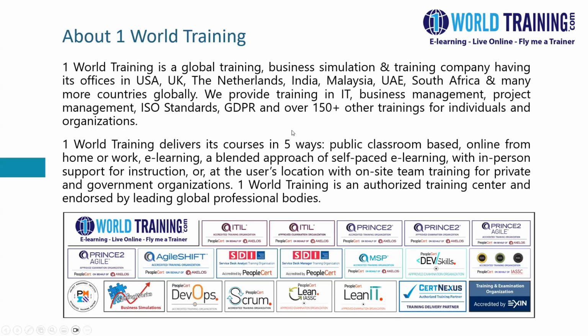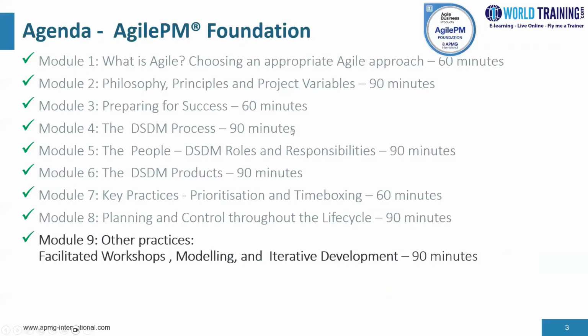Now, let me briefly introduce you to the various modules, or the agenda, for this course. The foundation course is broken down into 9 modules, plus a couple of modules that would help you do a few sample examination papers. Module number 1 talks about what Agile is and when we choose an appropriate Agile approach.